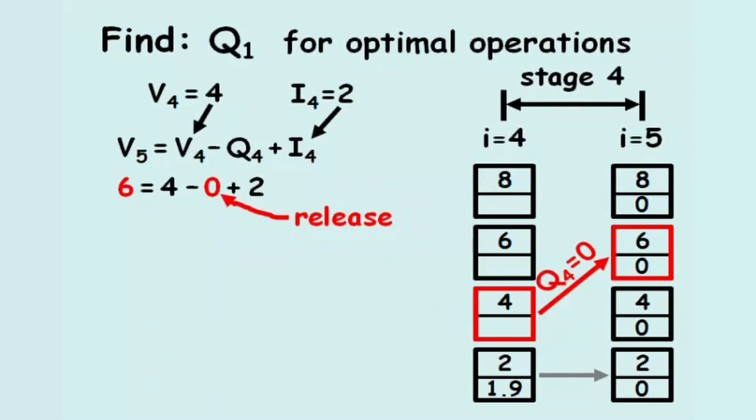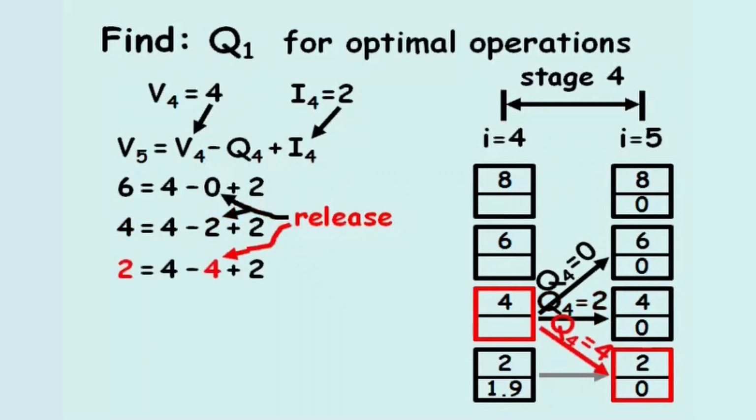Releasing 2 units of water will result in 4 units of water at the end of the stage, and releasing 4 units of water will result in 2 units of water at the end of the stage. As before, 6 units of water cannot be released due to the minimum volume constraint.